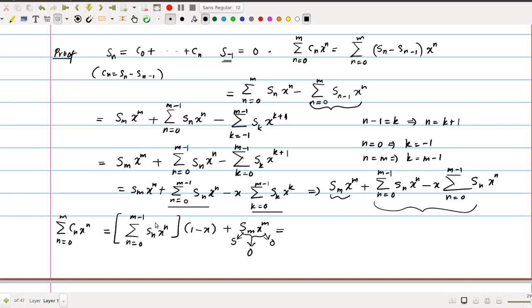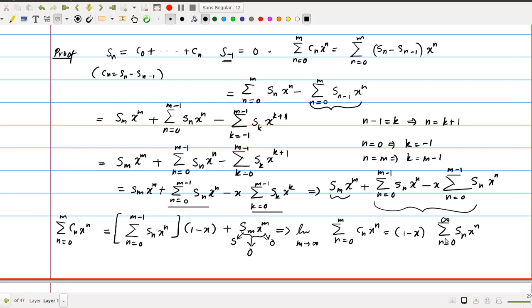I'll write, by taking the limit m tends to infinity, summation n equal to 0 to m, c_n x^n equals, by taking the limit m tends to infinity here, 1 minus x times summation n equal to 0 to infinity, because m tends to infinity implies m minus 1 tends to infinity, S_n x^n.